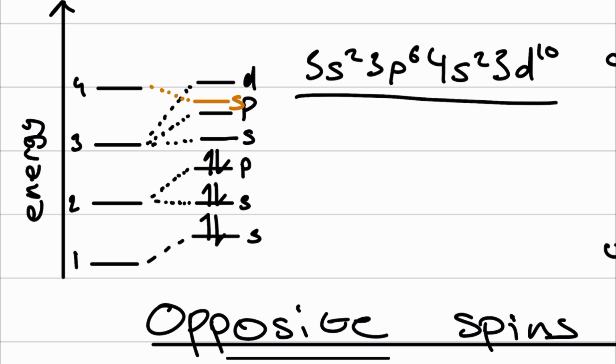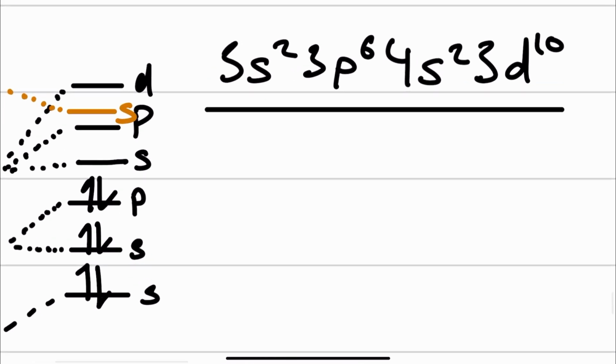So that would be the general order. Now, on a mark scheme, you actually do get the marks if these are the other way around. However, just for the sake of knowledge, it's always best to do it like this because this is specified in the mark scheme as well.